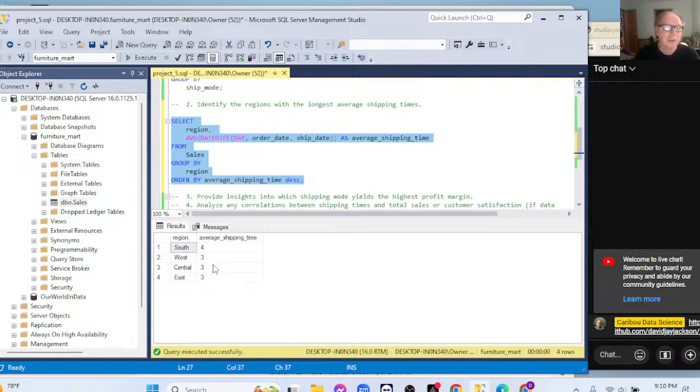Well, the trouble is, it turns out that South has the longest, okay? So that's just it. This is regions. Well, all the regions on the average are 3 days, except for South.